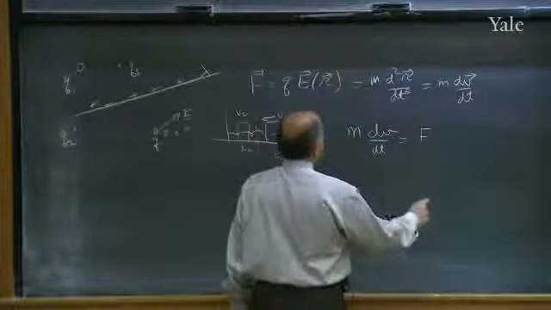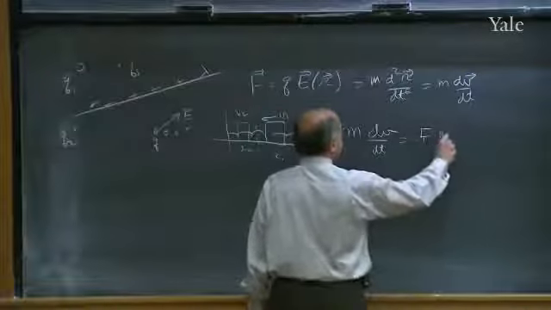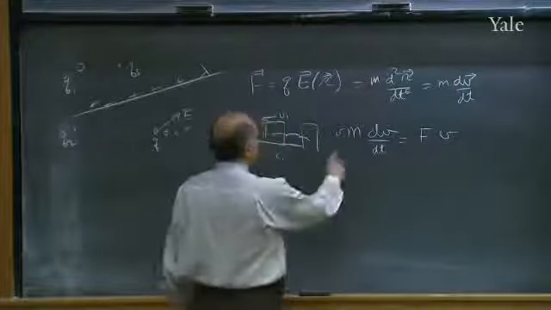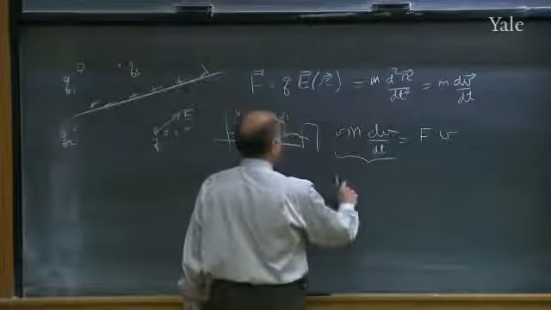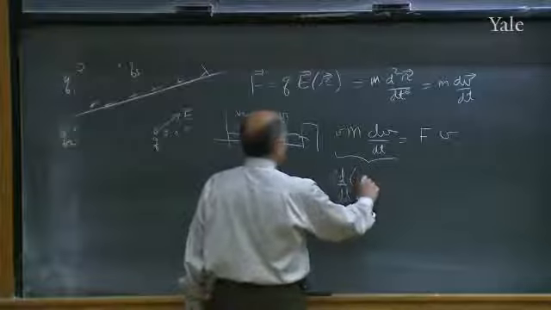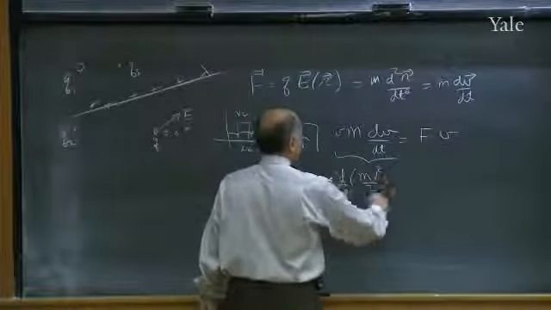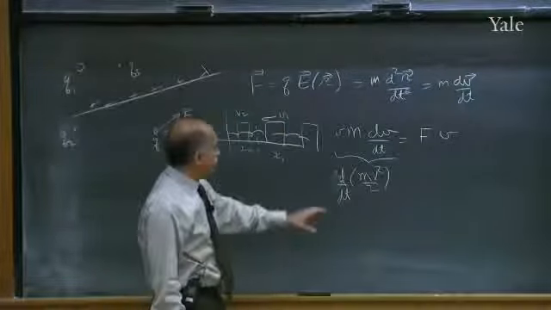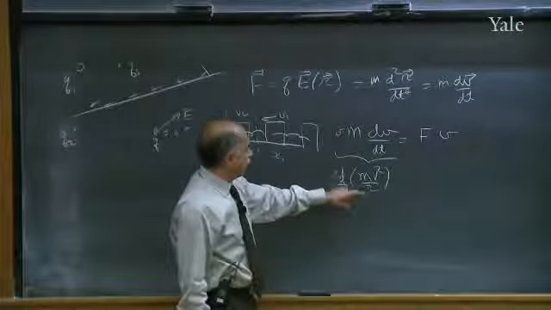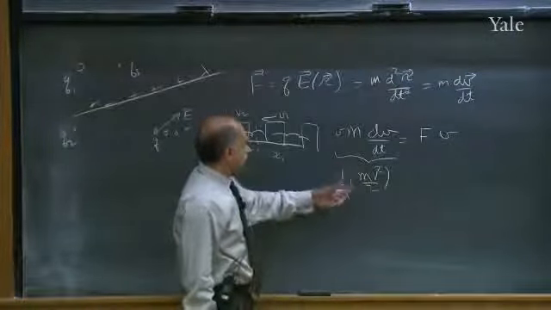Then I multiply both sides by V. On the left-hand side, if you know basic calculus, this is really d by dt of mv squared over 2 by the chain rule of calculus. The d by dt derivative is the v derivative followed by the derivative of v with respect to t.